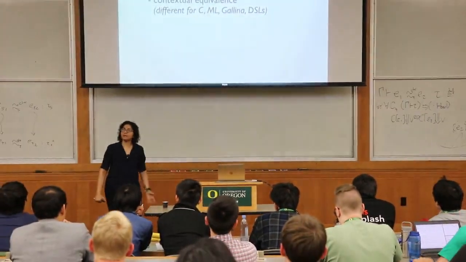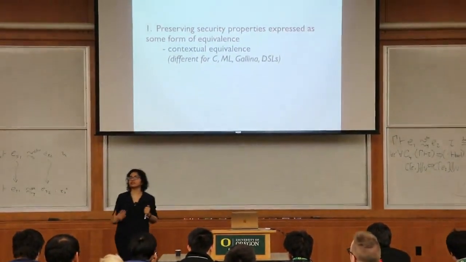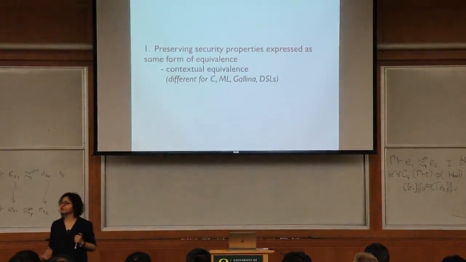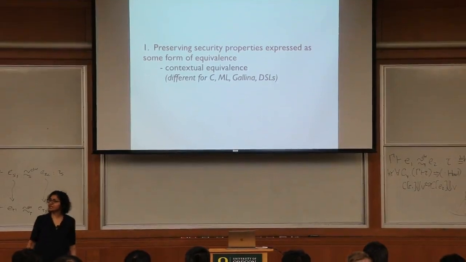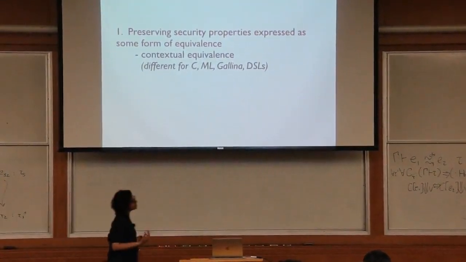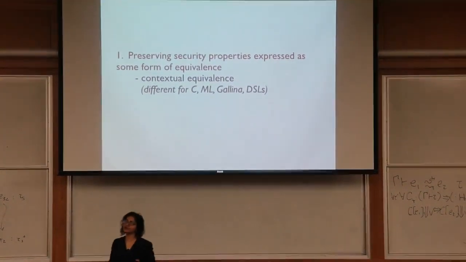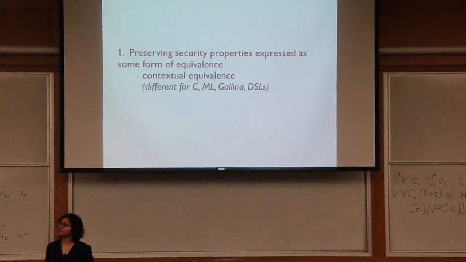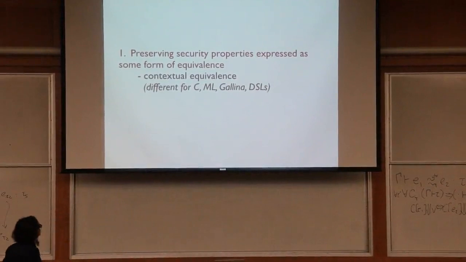Okay. And now I just want to say that contextual equivalence, I've written it so generically up on the board, but this will obviously differ depending on what your source language is. If your source language is C, you're getting fewer, in some sense, source level abstractions that guarantee security. If it's something like Gallina, right?